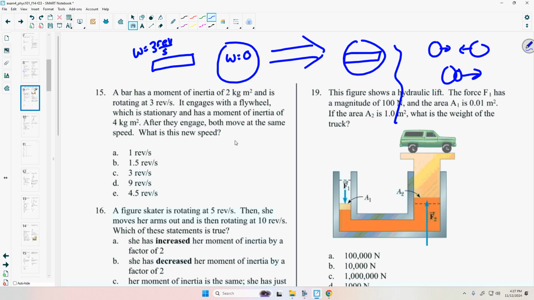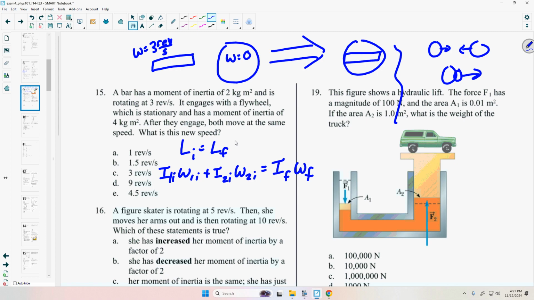So I say Li is equal to Lf, the initial angular momentum is equal to the final angular momentum. That's going to be I1 initial omega 1 initial plus I2 initial omega 2 initial is equal to I final omega final.